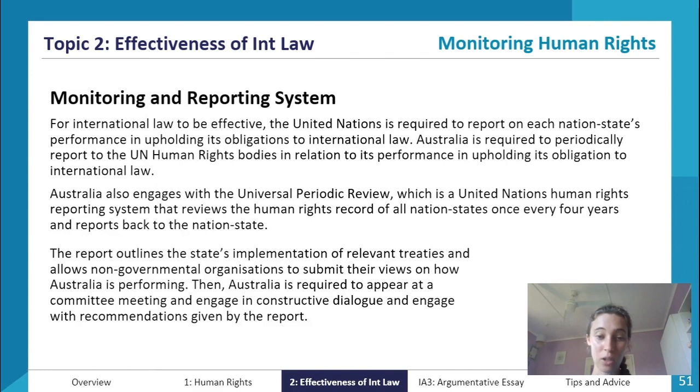So Australia engages with a review system, and basically they review how we're doing with our human rights and how we're meeting those. And we also have recommendations that are given based on a report as well.